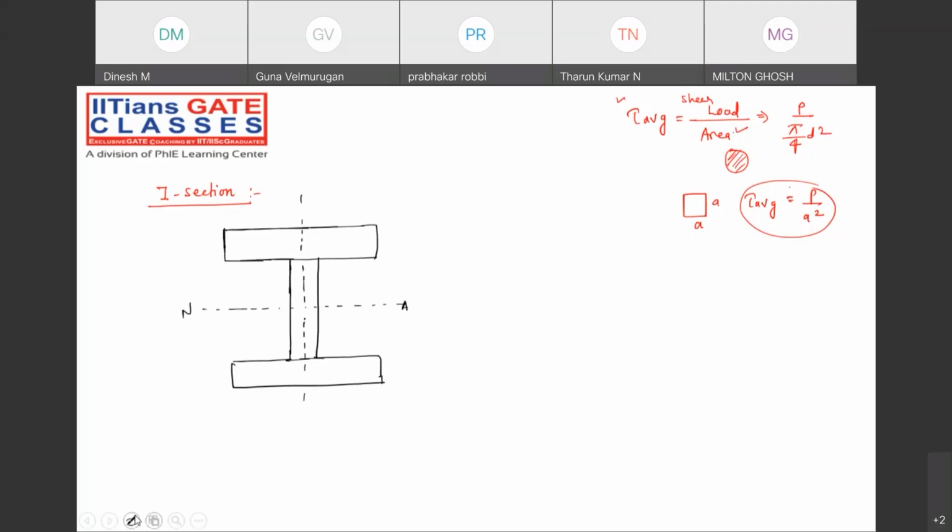How will the distribution look? Where will the tau be maximum?